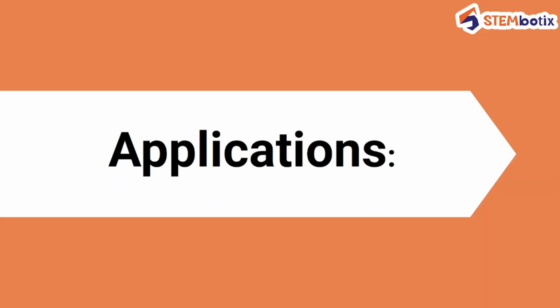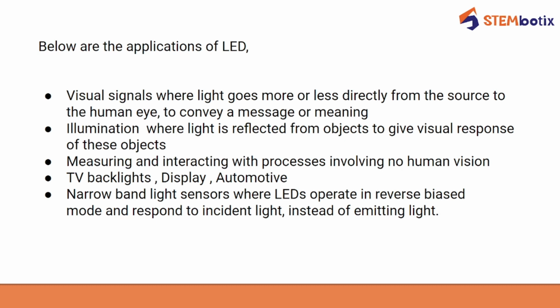So now we will discuss some of the applications of light emitting diodes, which are visual signals, where light goes more or less directly from the source to the human eye to convey a message or meaning. Then illumination, where light is reflected from objects to give a visual response for these objects.